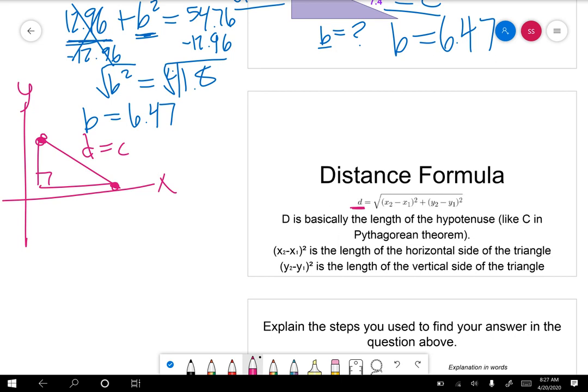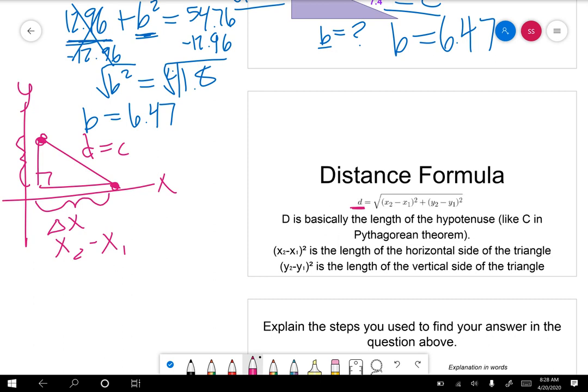And we can find that distance really by finding that change in x, or in other words, we're finding the difference between one of our x coordinates of one point and the other x coordinate from the other point. Same with this side.